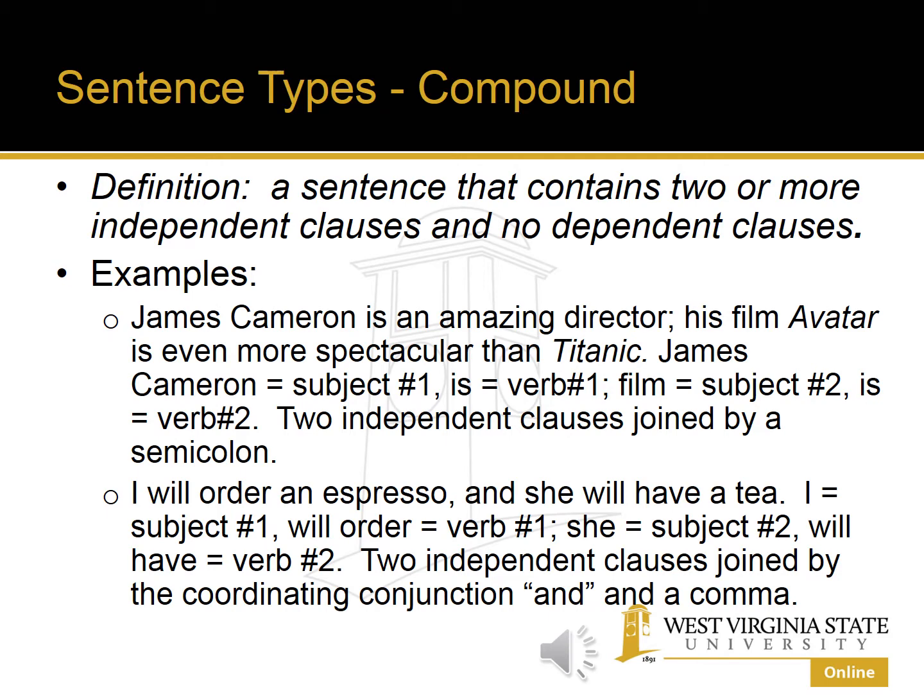The first subject is I, and the first verb is will order, future tense, and the second subject is she, and the second verb is will have, future tense. So we have two independent clauses joined by a coordinating conjunction and a comma. The only ways to create compound sentences are either joined by a semicolon or joined by a comma and a coordinating conjunction.